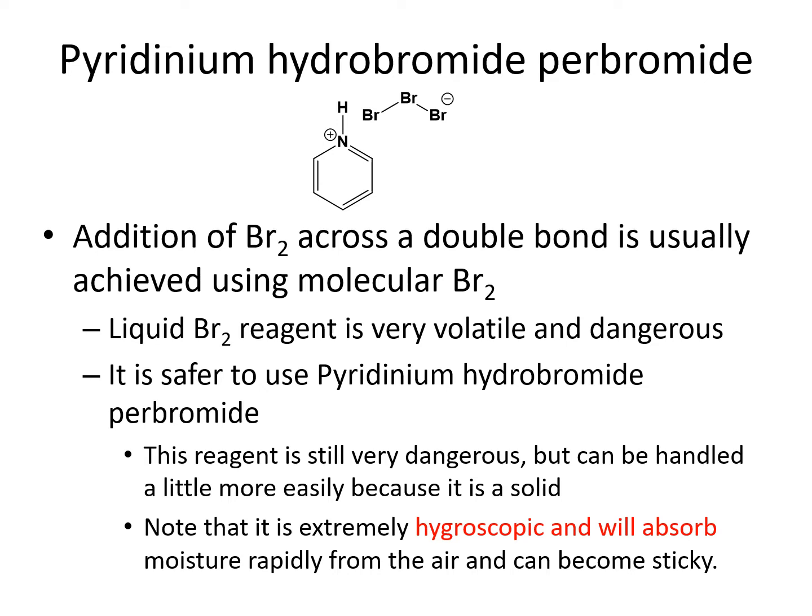And again, one thing to mention before you use the pyridinium hydrobromide perbromide, that compound is very much moisture sensitive, and it can absorb lots of moisture if it gets in contact with air.